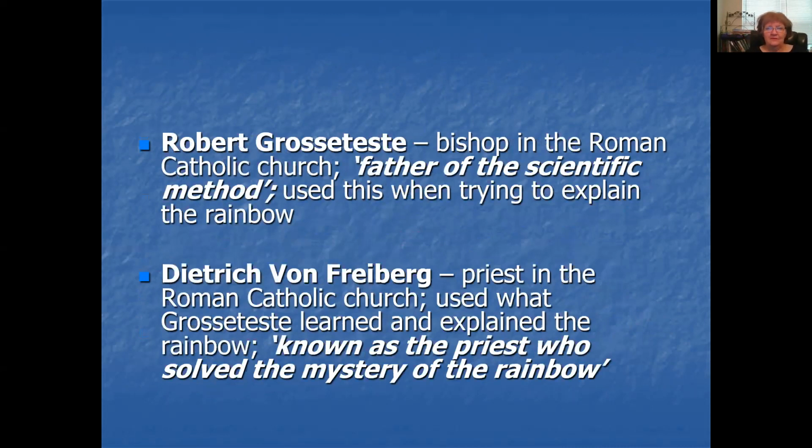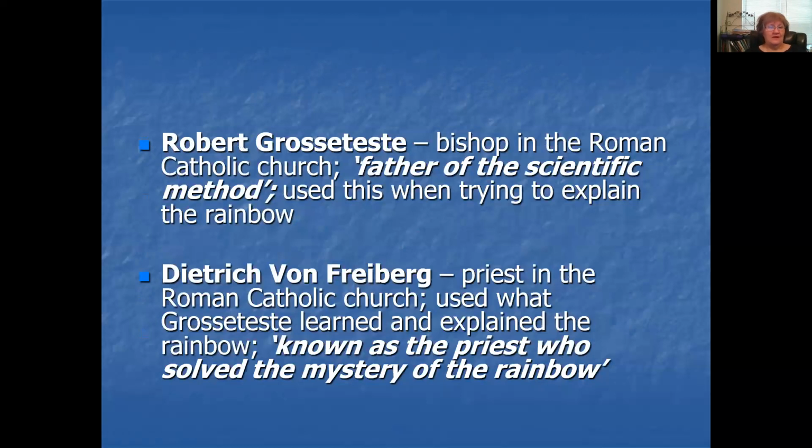Robert Grosseteste, he was a bishop in the Roman Catholic Church. And we call him the father of the scientific method. He said, we need to really be organized in the way we do science. We need to not just do like the alchemists did, to say, hey, let's just throw some stuff together. We need to be orderly about it. Because he said God is orderly. He does things in order. We need to be that way.